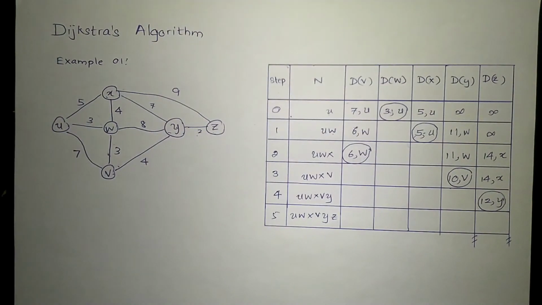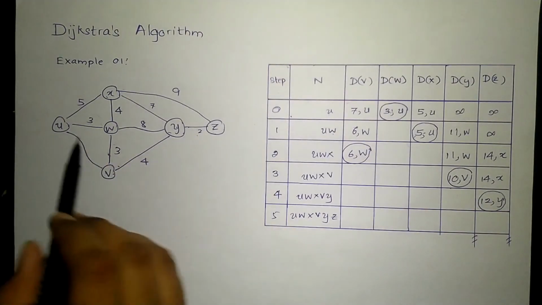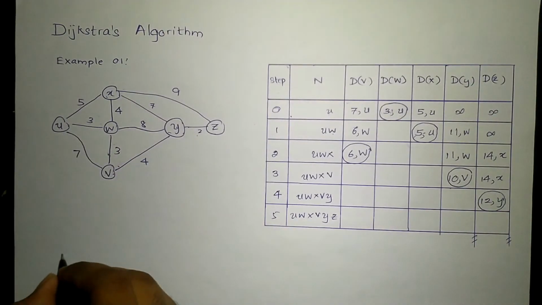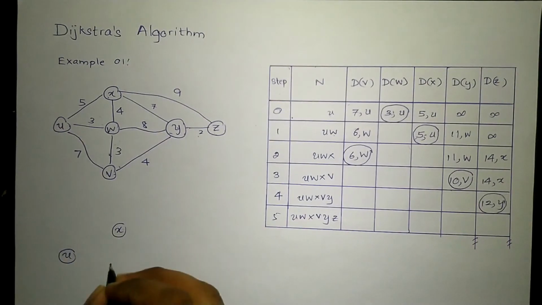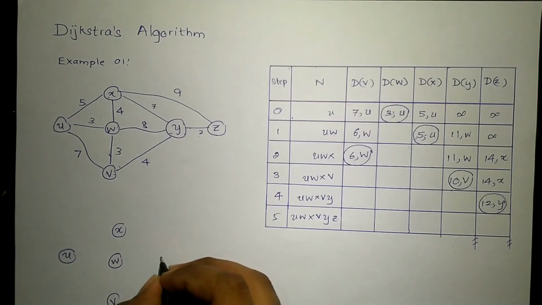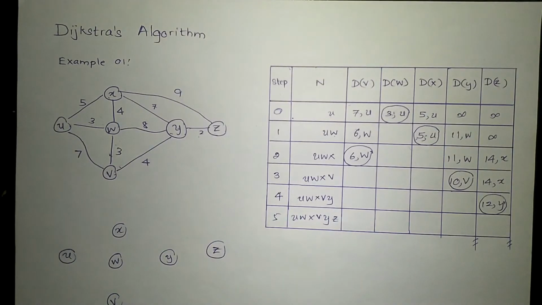So now we are going to show how the shortest path is taken. Before that, let's draw the nodes here again: U, x, w, v, y, z.